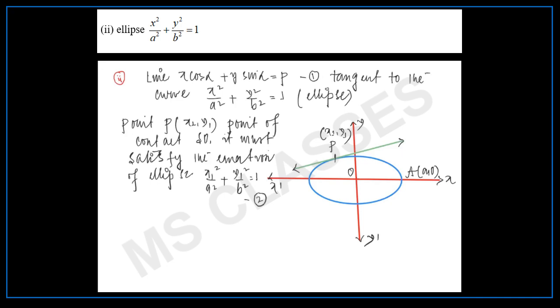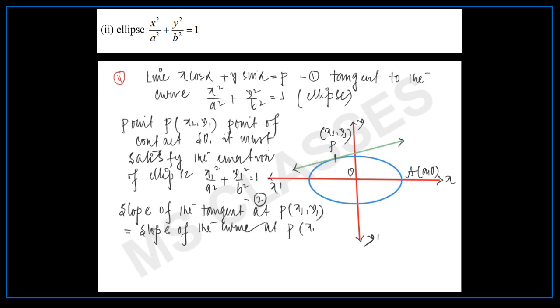Now to find the tangent equation, we need the slope of the tangent at this point, and slope of the tangent at this point equal to slope of the curve at this point. So slope of the tangent at P x1, y1 equal to slope of the curve at P x1, y1.